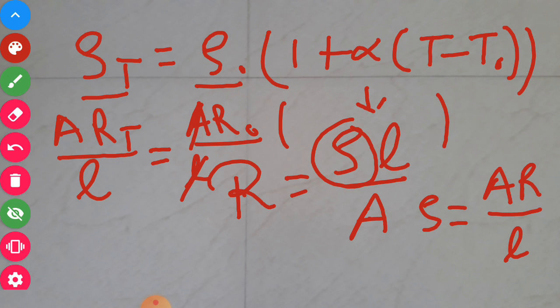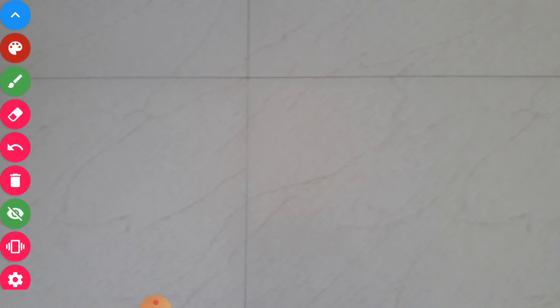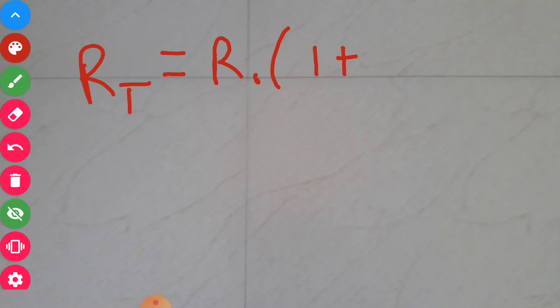So A upon L will be cancelled out. So your equation can be RT, that is resistance at any temperature, is given by R0 into 1 plus alpha into T minus T0.